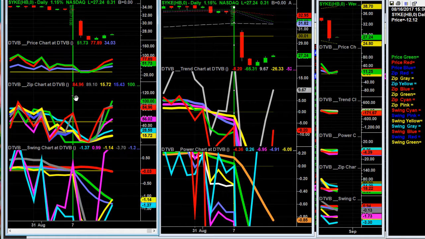And so when you find that stalled candle, you typically find the next day in a big movement, and that's what you have here. Zip green is at zero. Again, with everything coming down, we know we have a downtrend taking place.